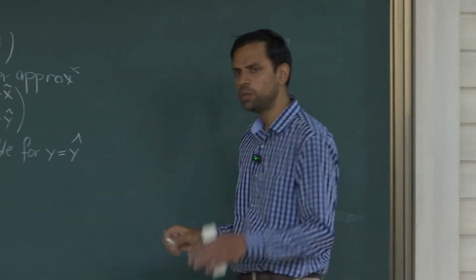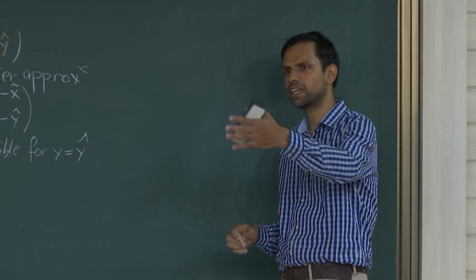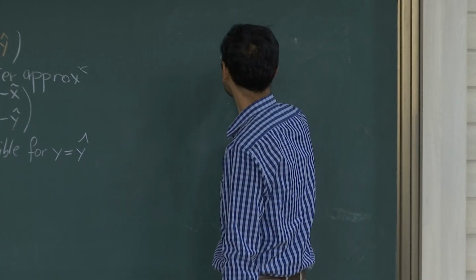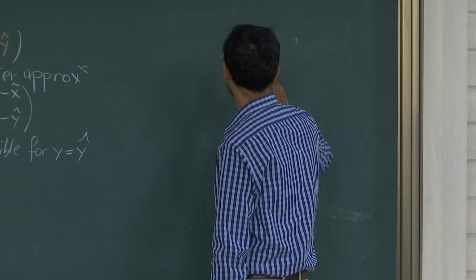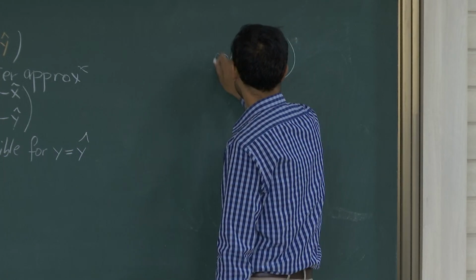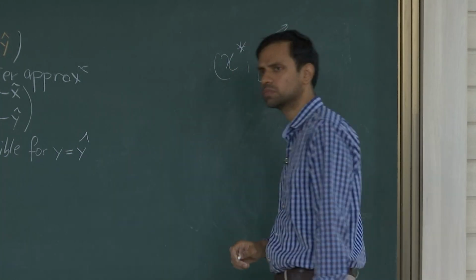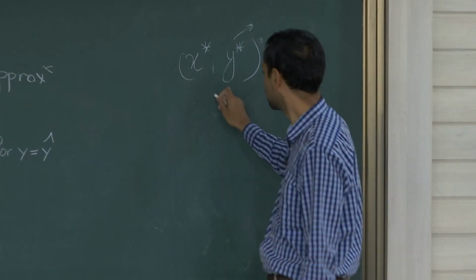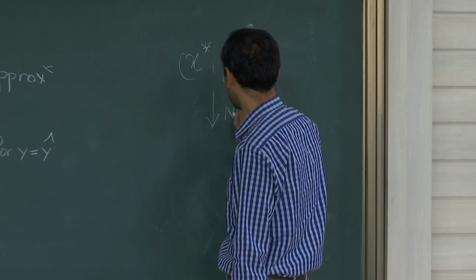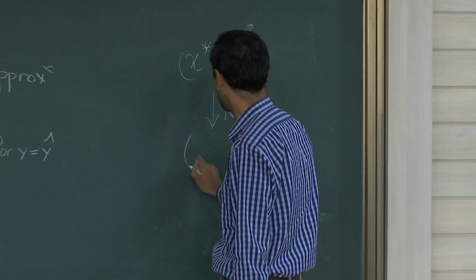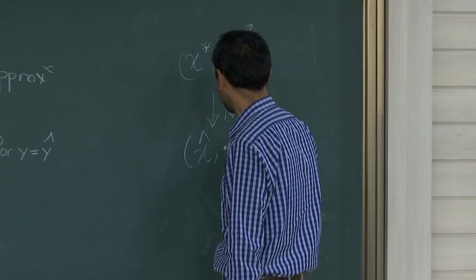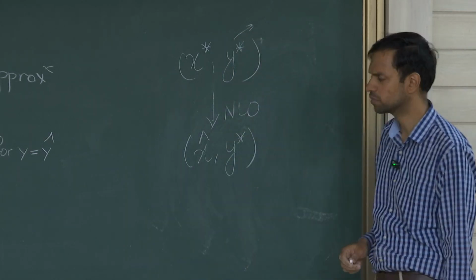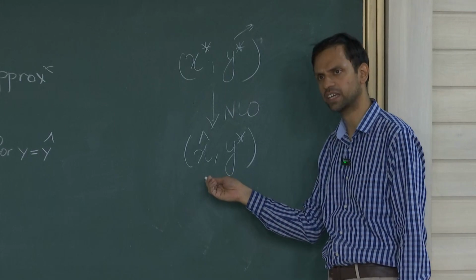So suppose we get not just the MILO optimal point, but any point x star y star, where y is integer, and I'm going to solve an NLP or NLO and get a new point x hat y star. The y star remains the same because I have fixed it, and I have obtained this x hat.